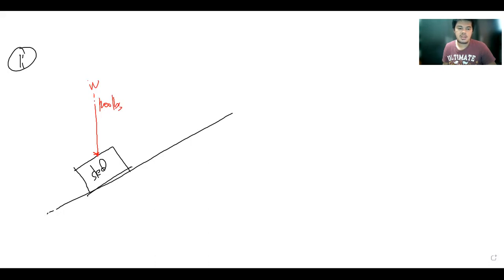The sled is actually on a horizontal plane, but the force that is being applied is inclined.